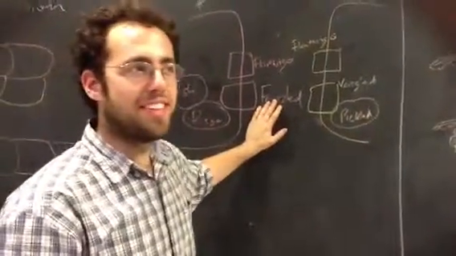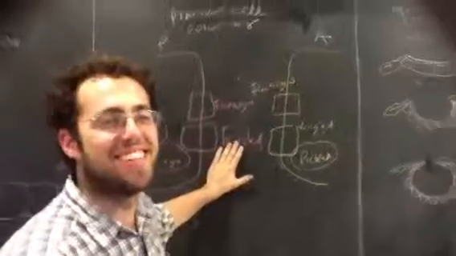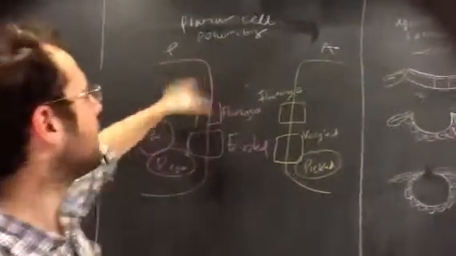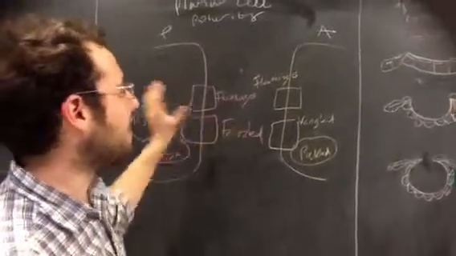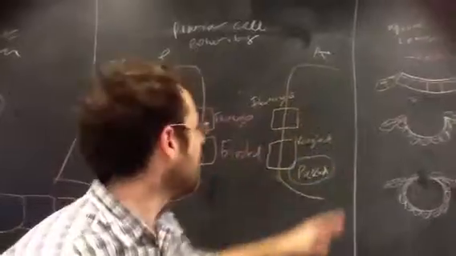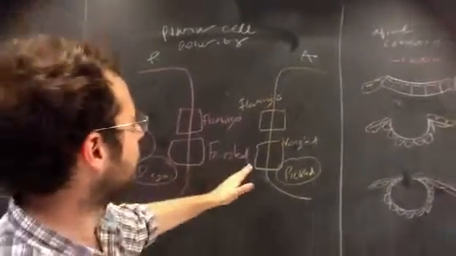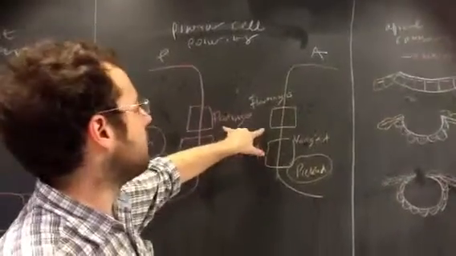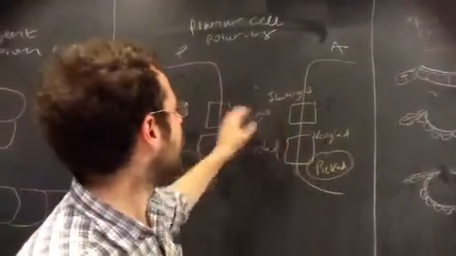There's a handful of molecules that go into this planar cell polarity, and they define the posterior side of the cell and the anterior side of the cell. For the anterior side, the main thing is that Flamingo binds to itself, and it's on both sides.